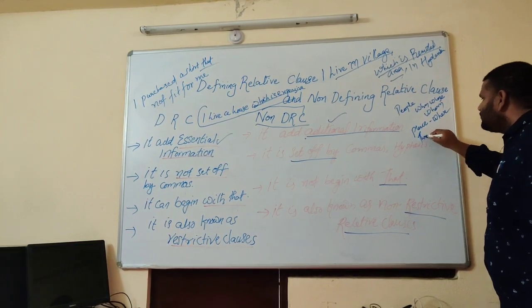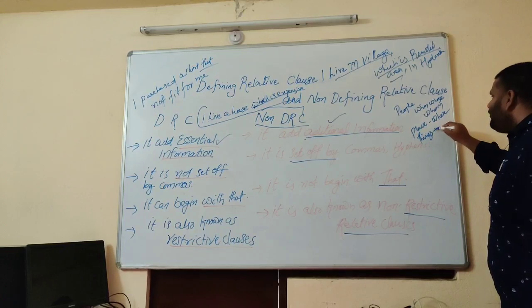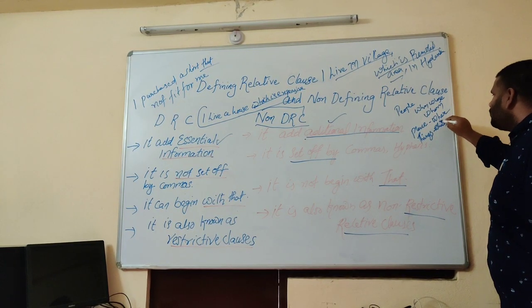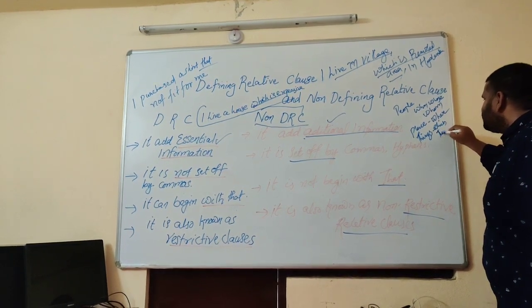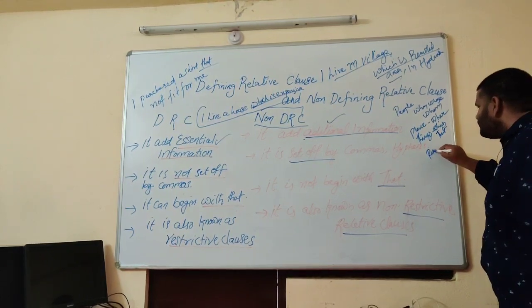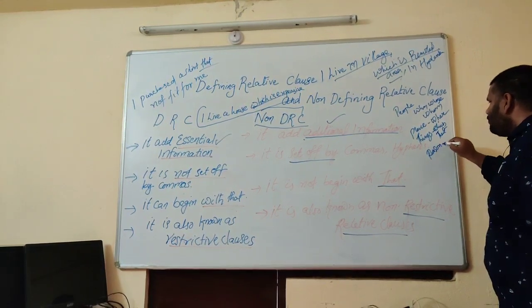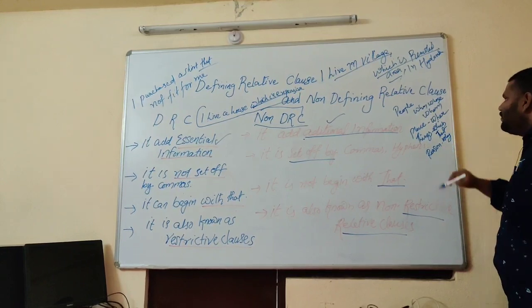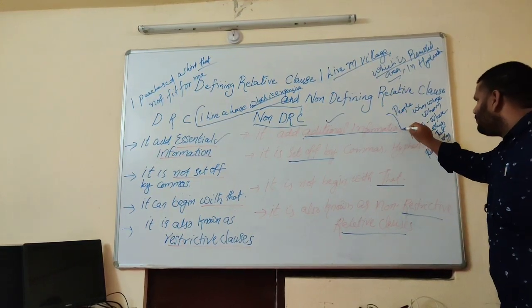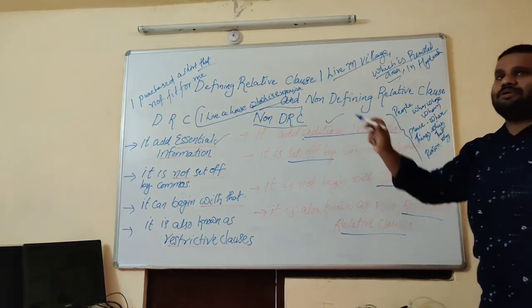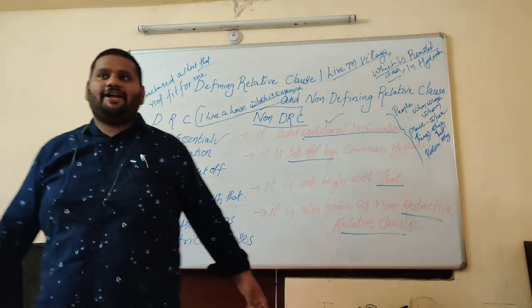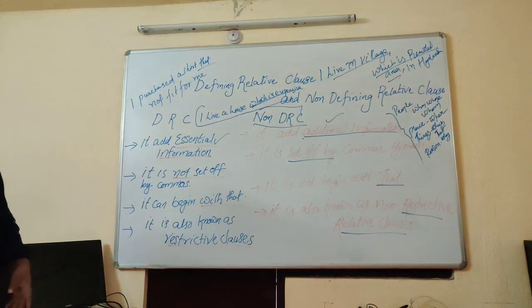For things, which or that. For reasons, you can add why. So these are the things we can add to derive the defining or non-defining relative clause.